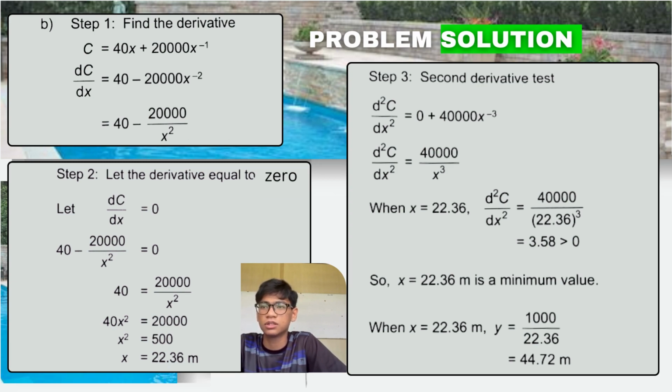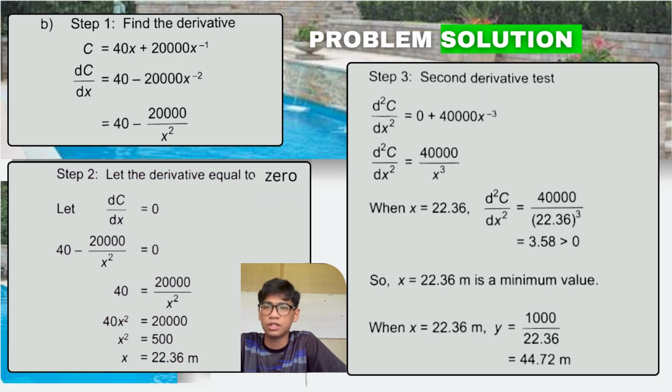So d squared C over dx squared equals 40,000 over 22.36 cubed. Then the answer that we will get is 3.58. As we can see, 3.58 is bigger than 0. So x equals 22.36 is a minimum value.